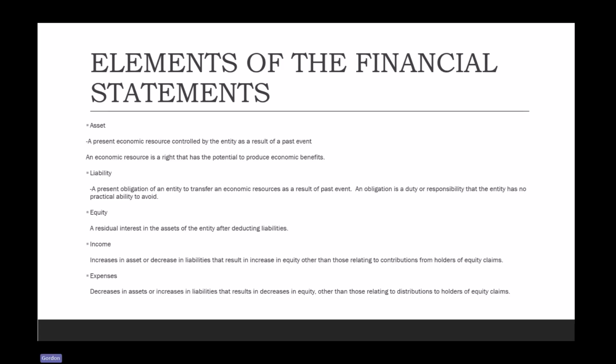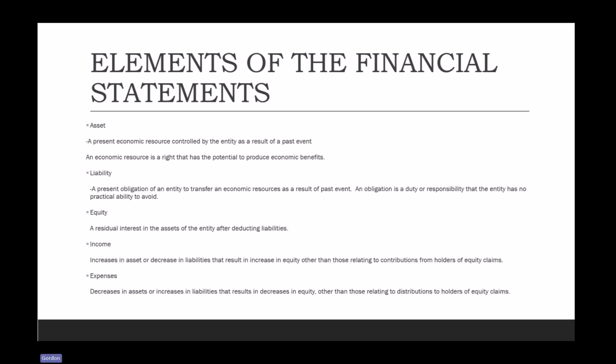Good. So an example of income is what? You have rental income, you have revenue, and you have your asset that has appreciated. For example, maybe you own some property. Last year your property was worth 200,000.